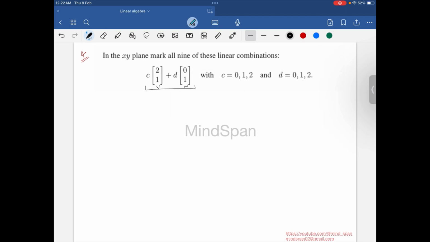And so first of all, the question is that with this value of c and d, how many points in this 2-dimensional space are we going to get, because these two vectors belong to some 2-dimensional space. So these two vectors may explore the entire 2-dimensional space, that kind of example we have seen.